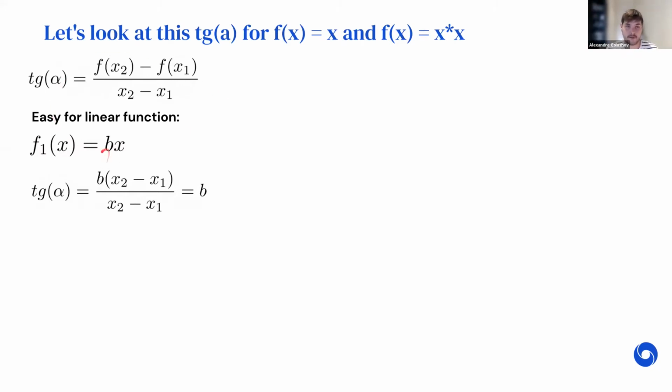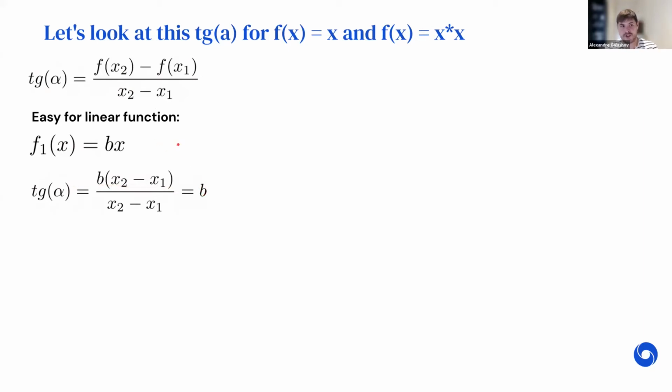So a higher value of b will correspond to functions which grow very quickly. If we look at the tangent of alpha, take any 2 points and plug this function into the definition, we basically obtain that the tangent of alpha is equal to b.